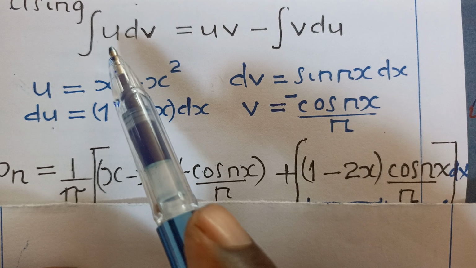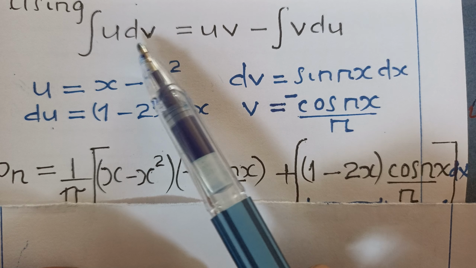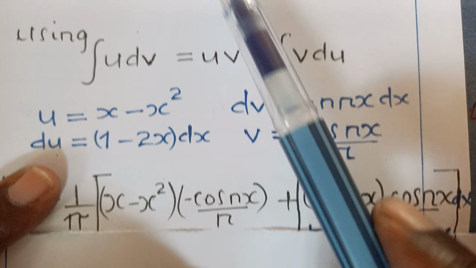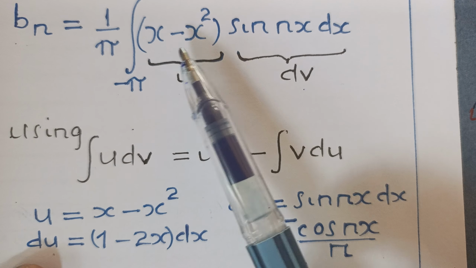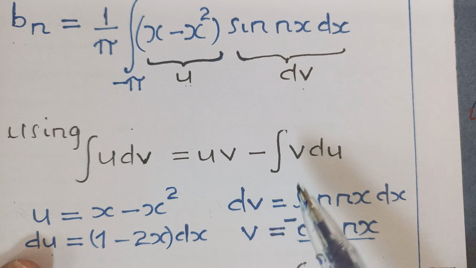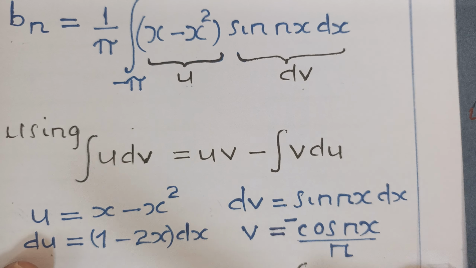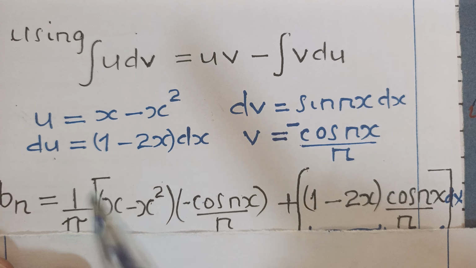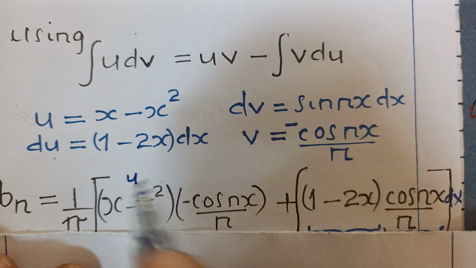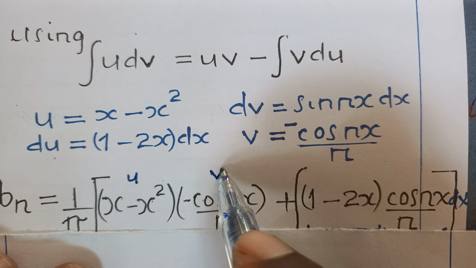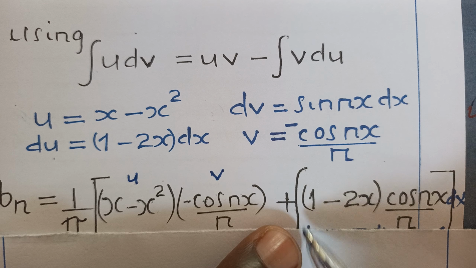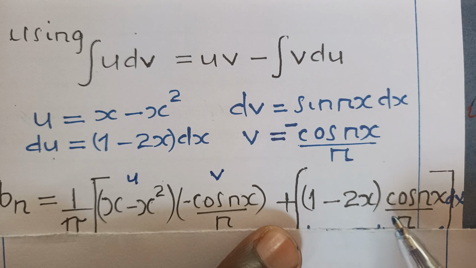And so, guys, now we fix in our equation. We are not concerned with u and dv at this point; we go to u and v. So for u and v, this is what we write here: u, and here we have v, minus integral of v du.